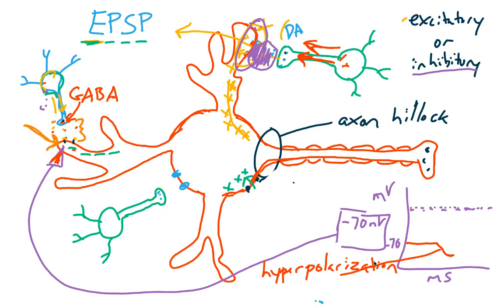This is the postsynaptic terminal. In this space, because GABA is creating a more negative charge, because it is creating a hyperpolarization, rather than an excitatory post-synaptic potential, as we saw up here, this is going to be an inhibitory post-synaptic potential. Okay, I'll give you a second to digest those, maybe pause the video.